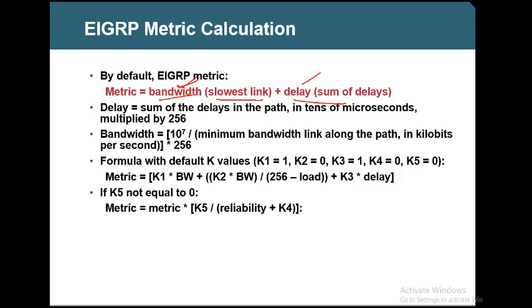If you see, K1 is 1, which is bandwidth. K2 is 0, which is load. K3 is 1, which is delay. All others are 0, reliability and MTU.